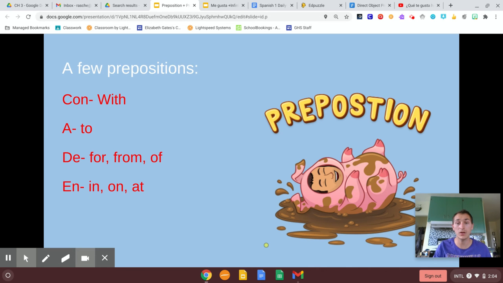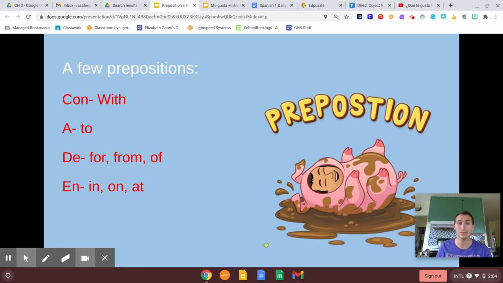All right. So here are a couple of the prepositions. Prepositions are short words that begin prepositional phrases. They're like little bits of a sentence that add on to give a little more information about what's going on. Con means with. A means to.